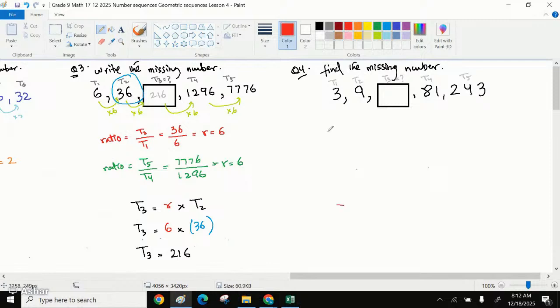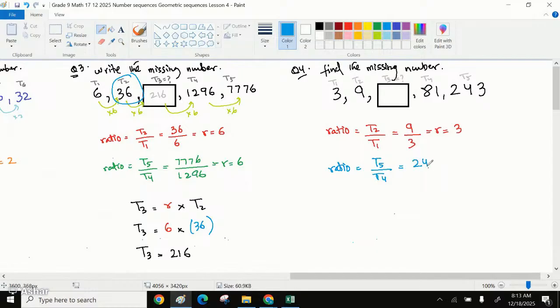In order to find the ratio, we can divide term 2 by term 1. The value of term 2 was 9, divided by term 1, which was 3. So the ratio comes out to be 3. Let's verify this ratio. We divide term number 5 by its previous term, term number 4.